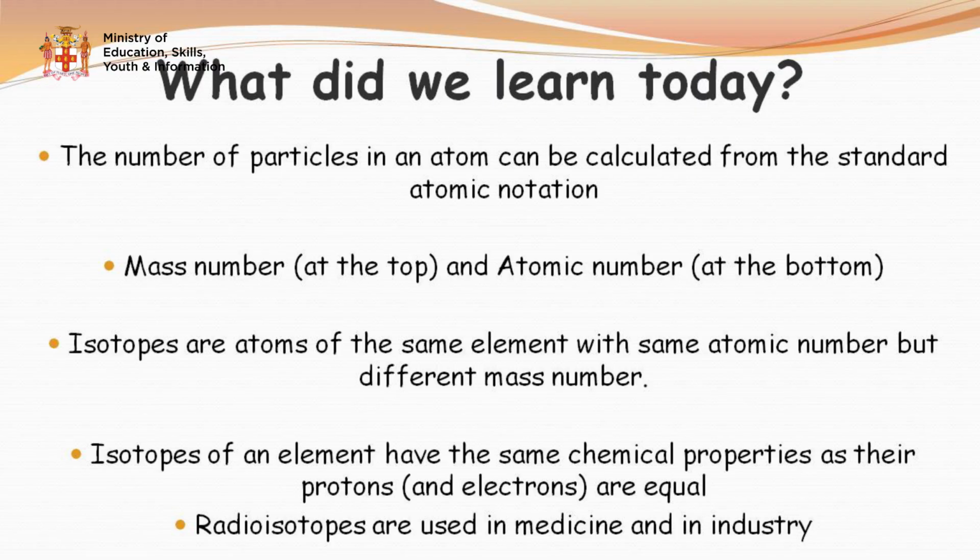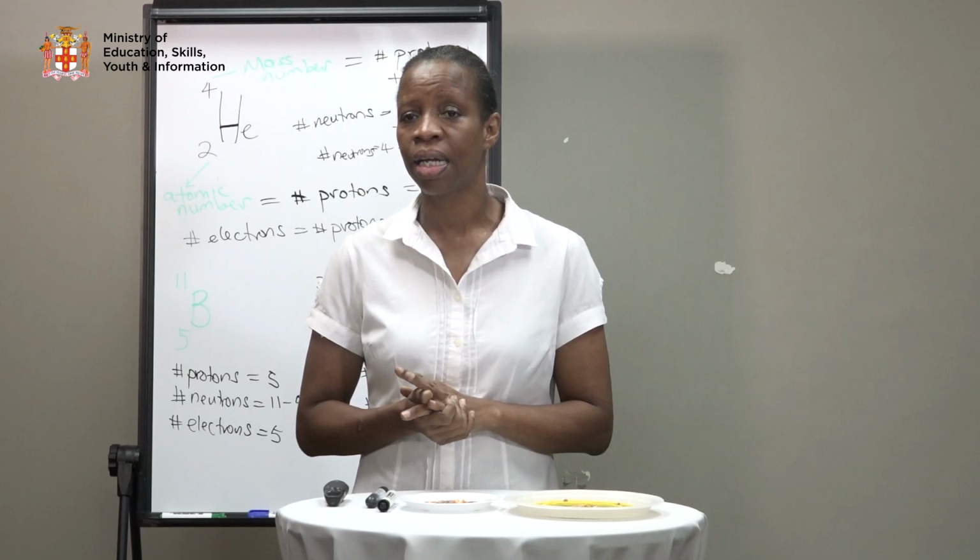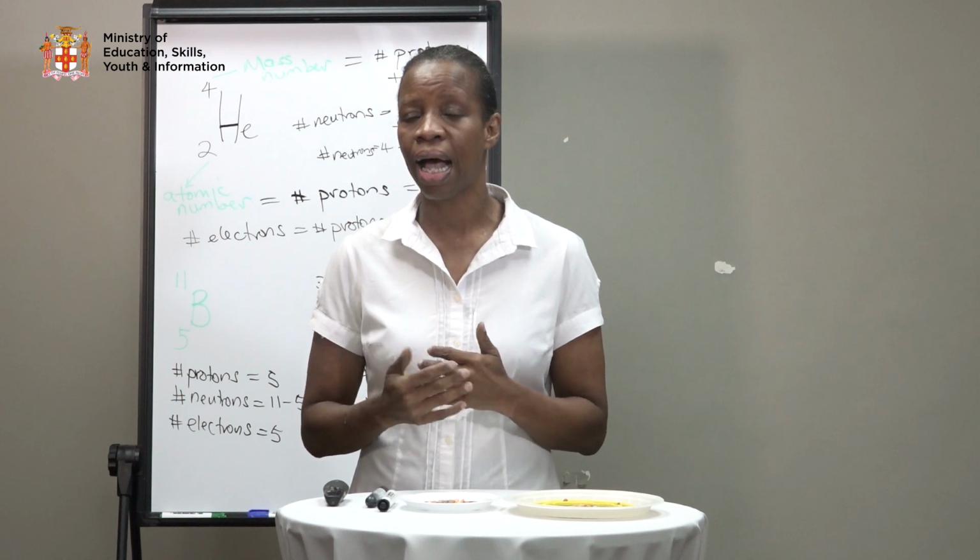What else did we find out? Yes, we found out that the number at the top of our atomic notation represents the mass number, and at the bottom we have our atomic number. Yes. And from that information, we can calculate the number of subatomic particles. And finally, we learned about isotopes. Yes. How are they formed? Or how do we define them?